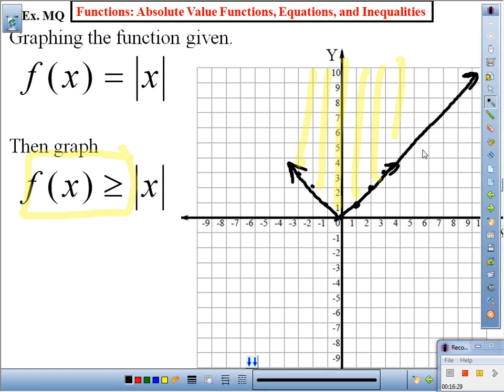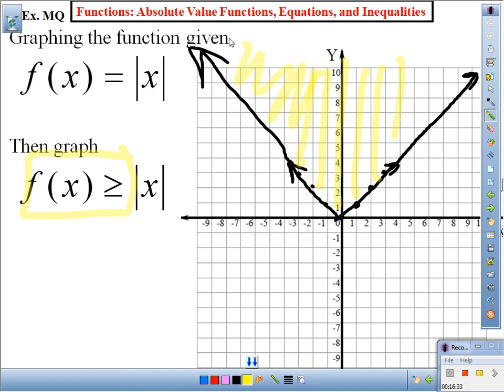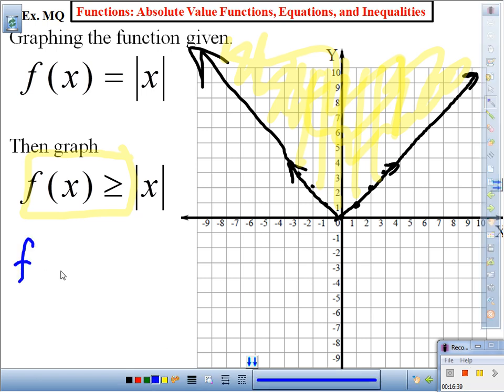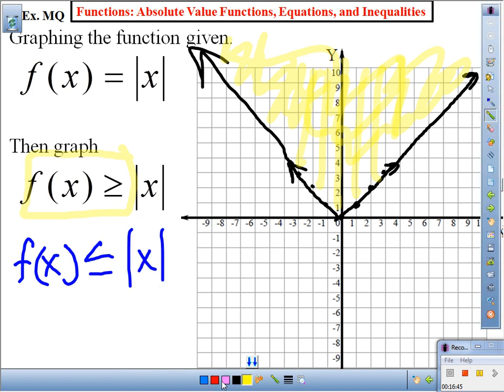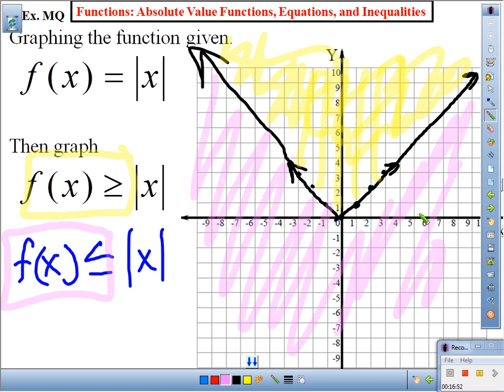Well, you need to stretch it all the way so that you highlight everything all the way to the end. However, what if it says f of x is less than absolute value of x? Well, that means, guys, that from now on, when it's less than, we shade everything below the v.